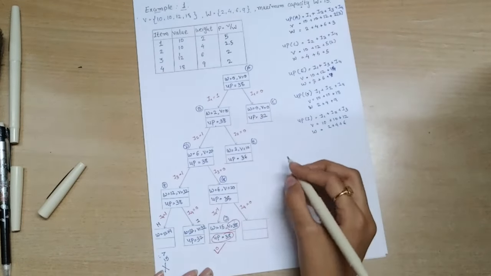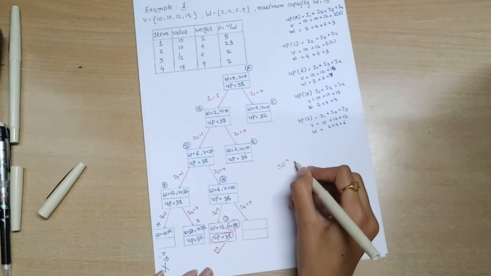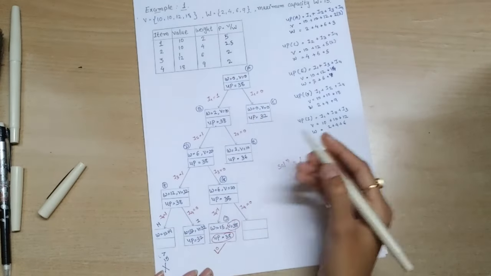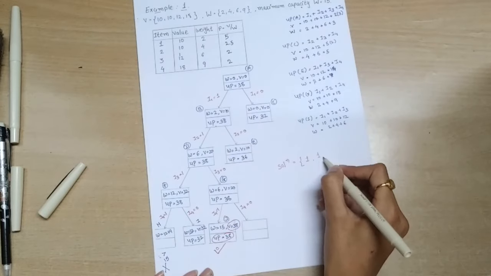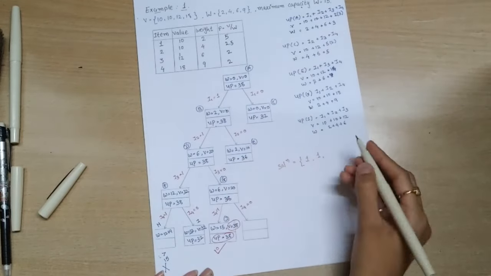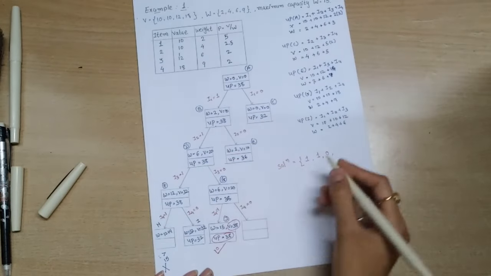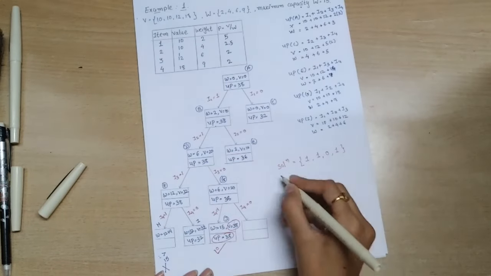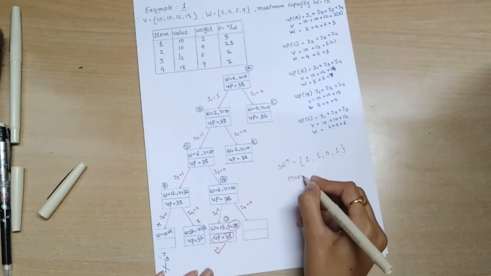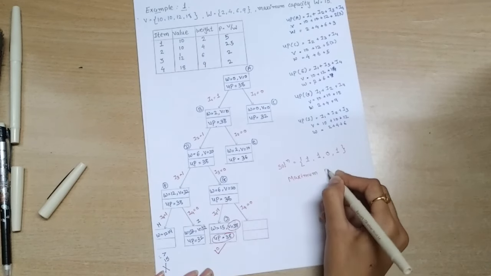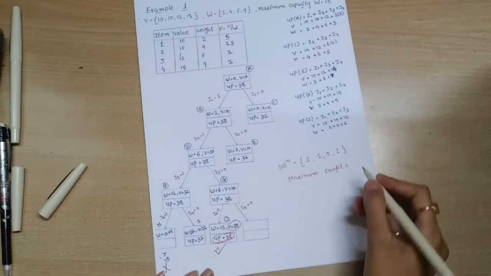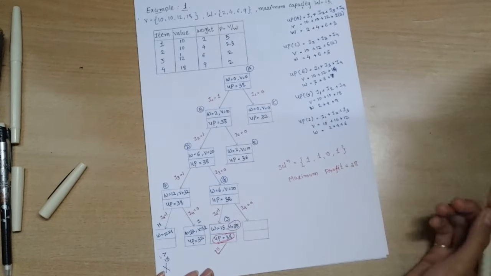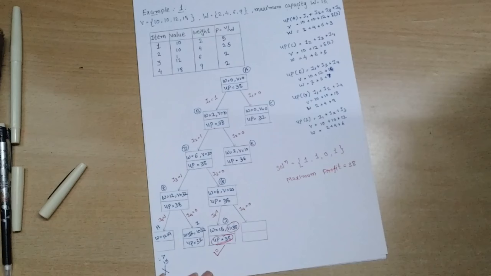So the solution will be: item 1 will be considered, item 2 will be considered, item 3 will not be considered, and item 4 will be considered, and the maximum profit will be 38. So this is the end of the example.